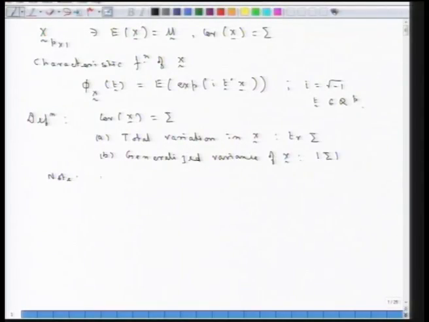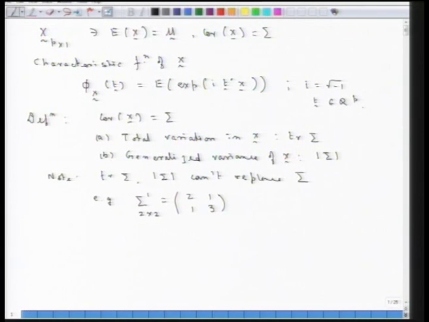So, just put it as a note that the trace of sigma and the determinant of sigma can't actually replace this sigma. It is obvious if you look at an example. Suppose sigma is a 2 by 2 matrix which has elements 2, 3 on the diagonal and 1, 1 on the off diagonal.